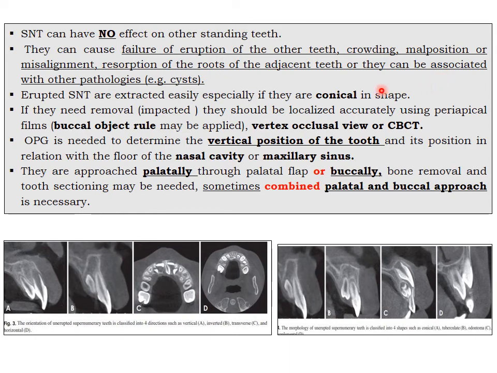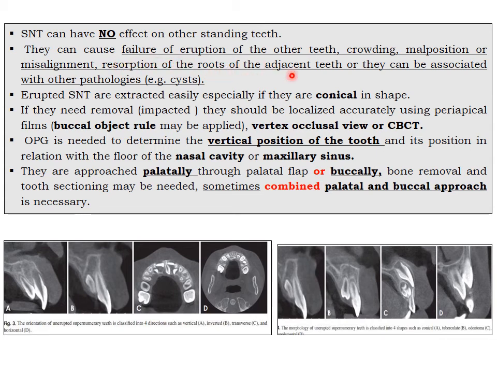First of all, they might prevent the eruption of other teeth and create an orthodontic problem, or crowding, or malposition, or misalignment. All of these problems need treatment before orthodontic treatment. They might create resorption of the teeth adjacent to them, and sometimes be associated with pathology like a cystic lesion.